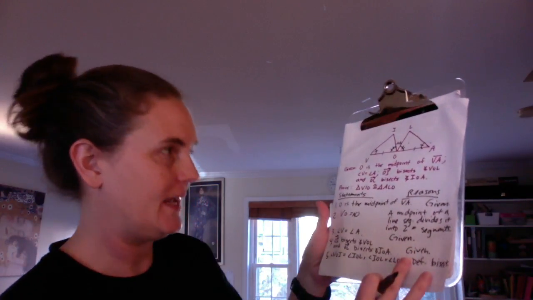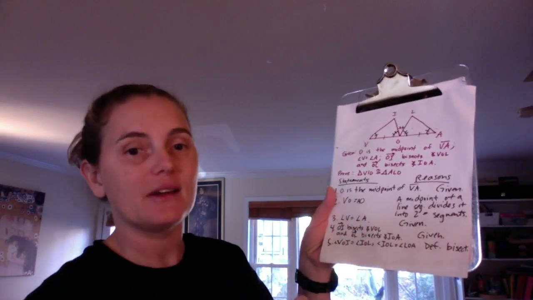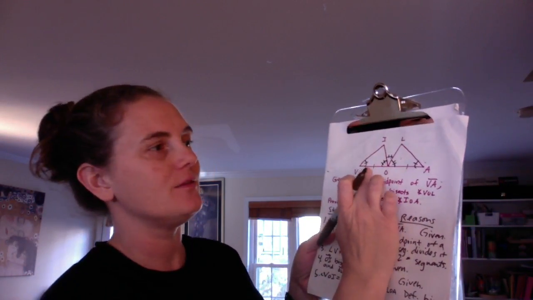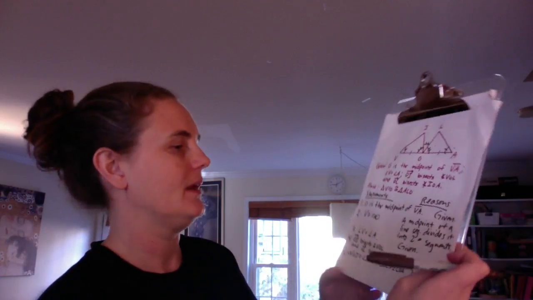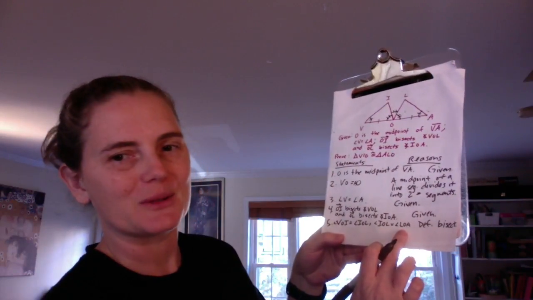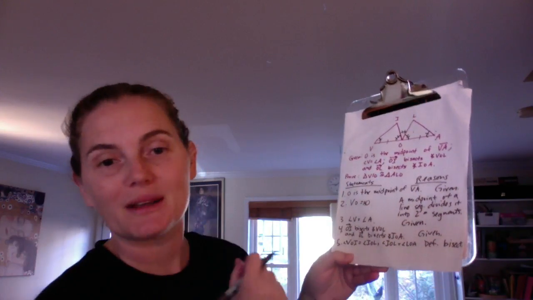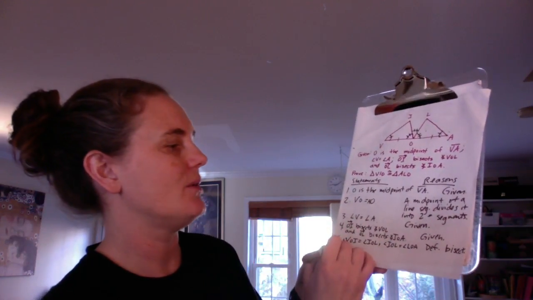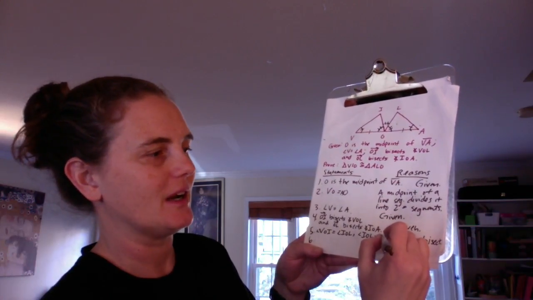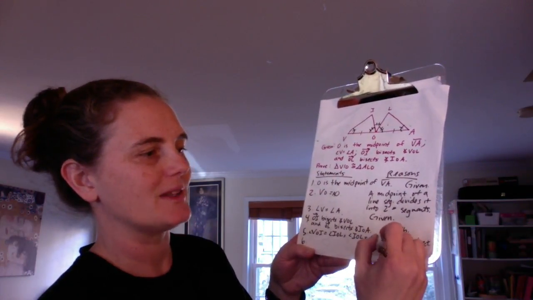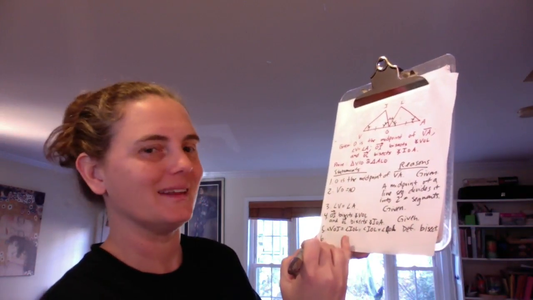Now we see it in the picture, but we need to point out in the step that VOI equals AOL. I did it LOA on here. I'm going to switch it around to AOL so that it keeps the corresponding parts. Let me change it over here. This is why you use pencil instead of Sharpie. Okay, whoa, let there be light.